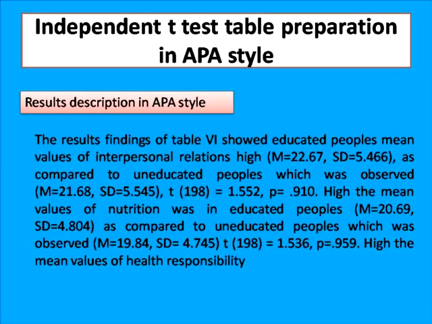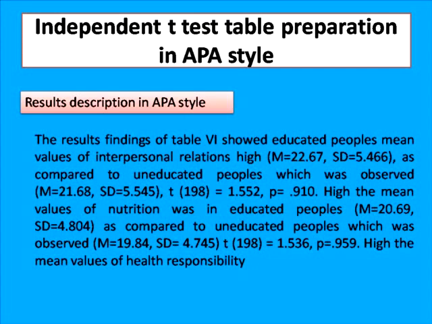Now, how do you write a result description in APA style? After making the table, you have to write a description of the table. We write the description in this way, giving the findings of the table.